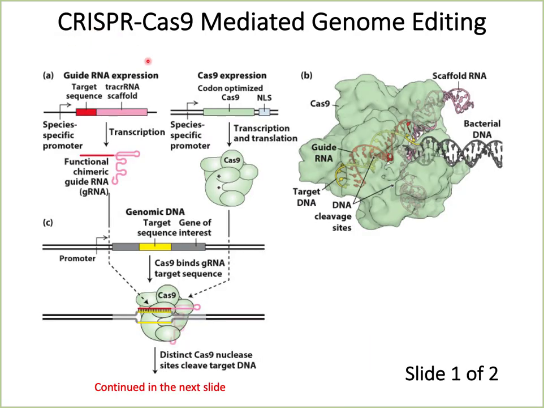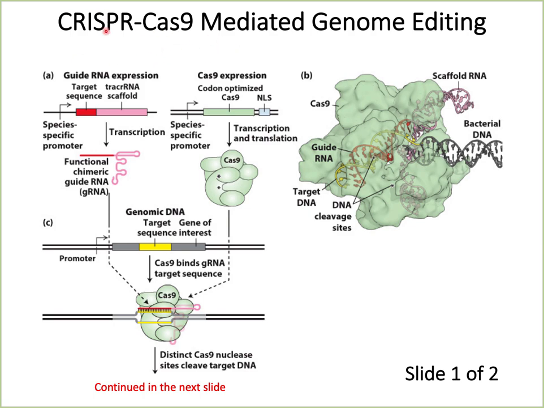The next thing we are going to talk about is CRISPR-Cas9 mediated genome editing. CRISPR stands for clustered regularly interspaced short palindromic repeats. What we mean by this is that you have short sequences which read the same forward and backward. Those are the palindromic repeats.